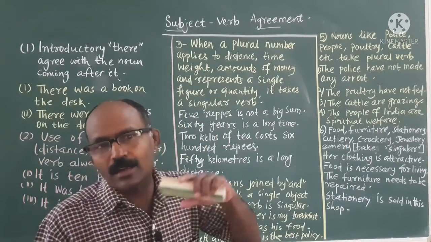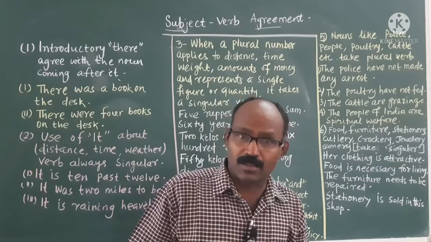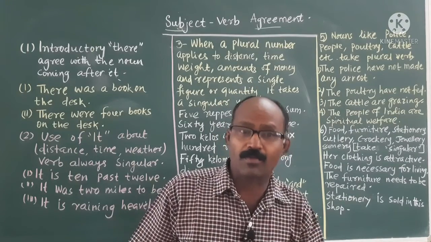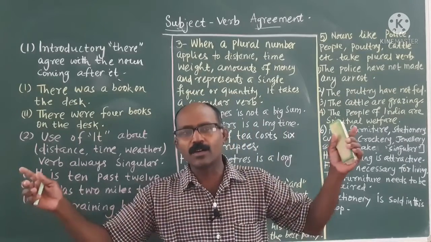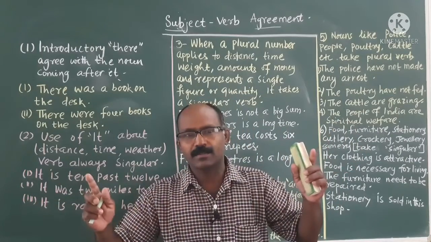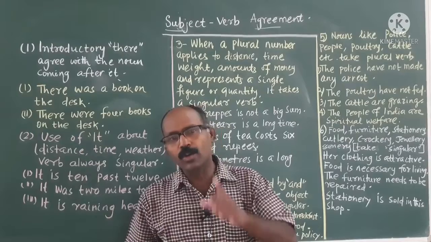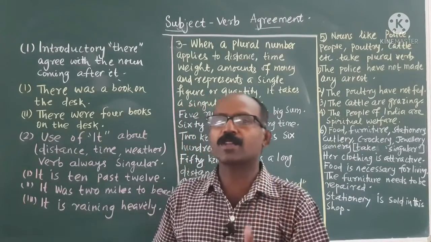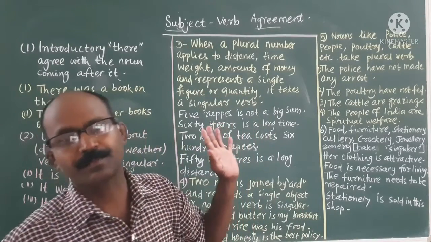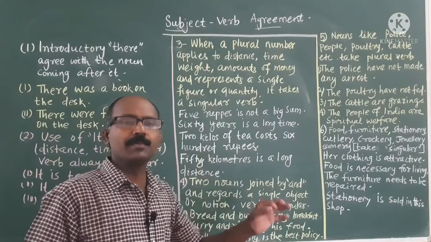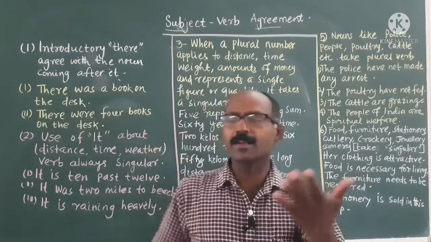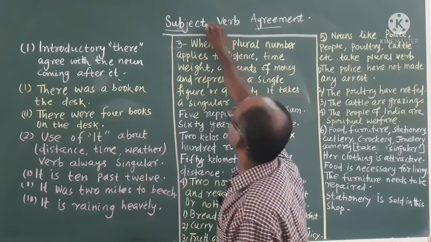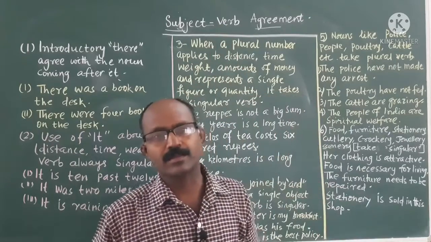If the verb doesn't agree with the subject, then there is no subject-verb agreement. In this part, we will learn how the subject and verb agree. If they agree, that means agreement is there, and the sentence will be right.